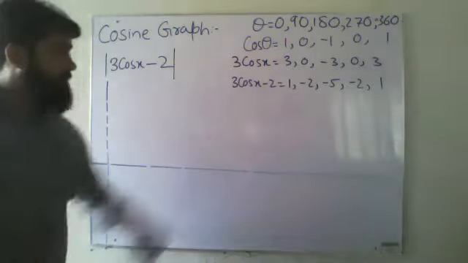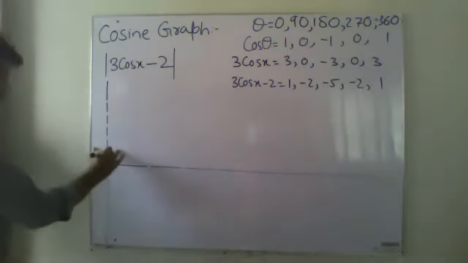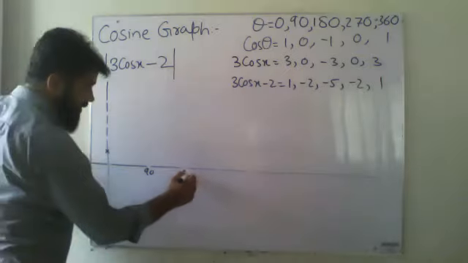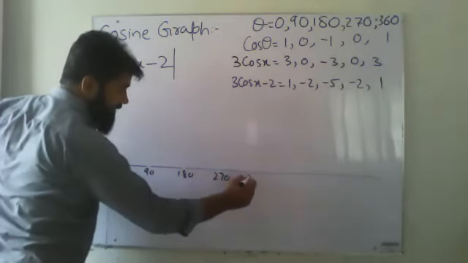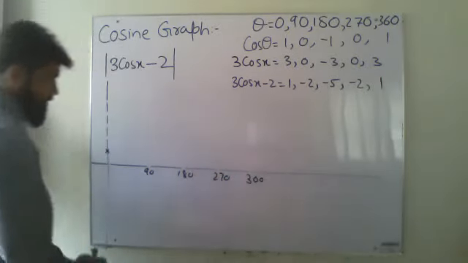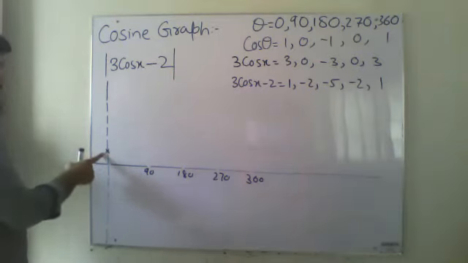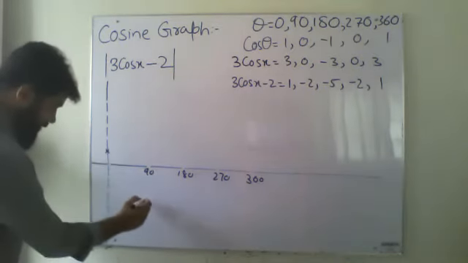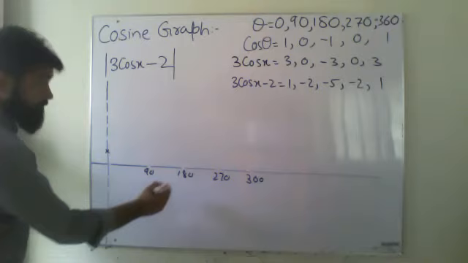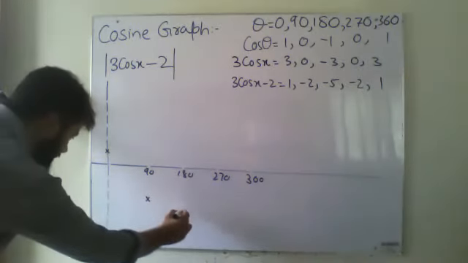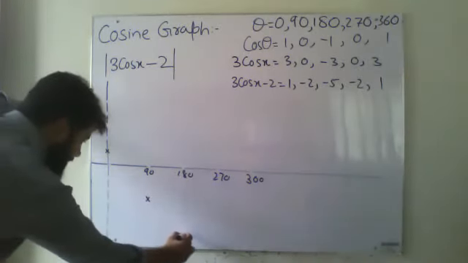So first of all, 90, 180, 270, 360. At 0 it is 1, then -2, which will be somewhere over here, then -5. So -2, -3, -4, -5.